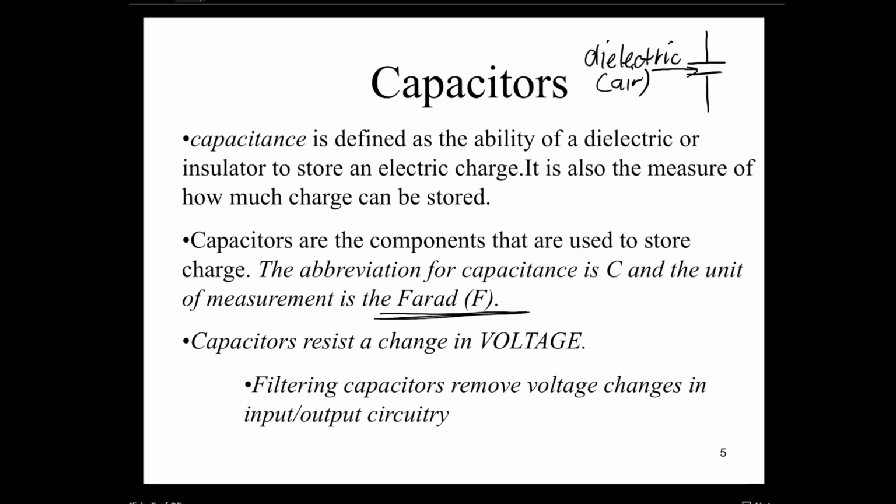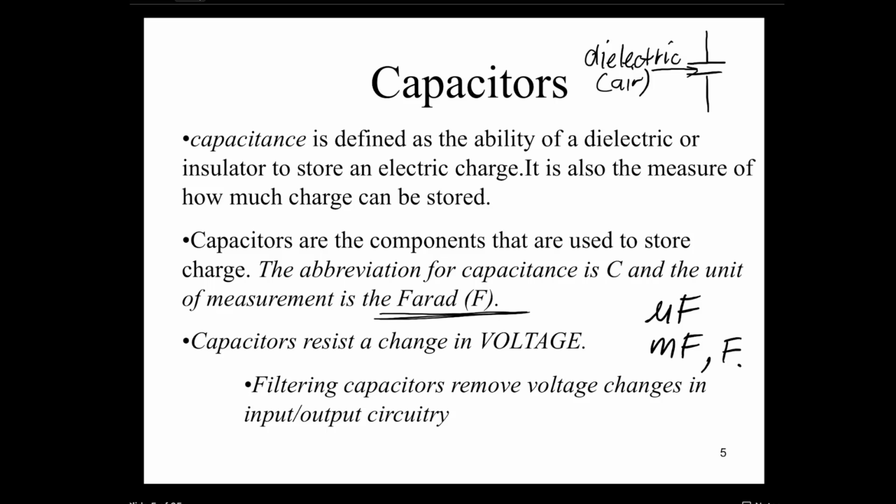But when we're just looking at its value as its measurement of storing charge, we're talking about a farad. So that's where you're going to have things like microfarads, millifarads, and whole units of farads.